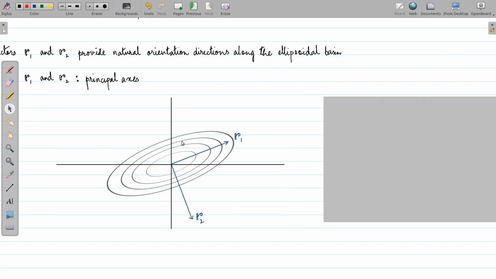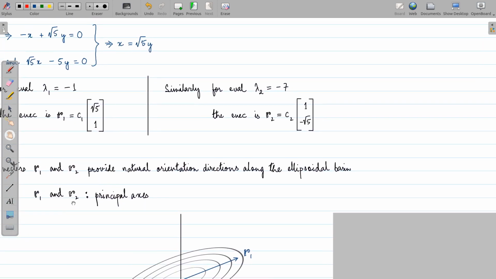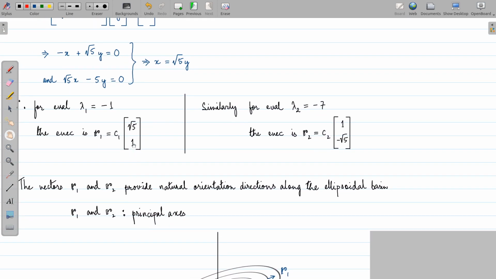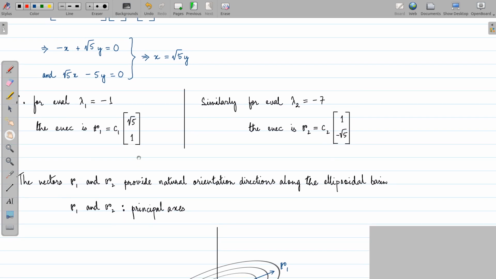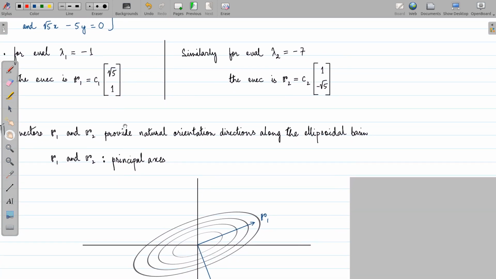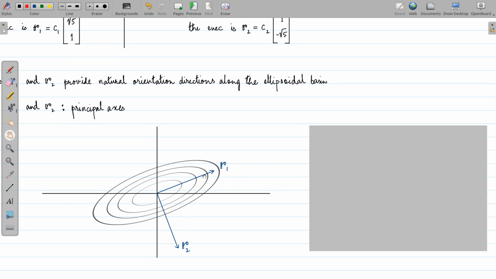If this was the ellipsoidal basin, then this will be the direction of R1. You can check for yourself: for R1, x is √5 and y is 1. Both are positive, so R1 will be in the first quadrant. Since √5 is greater than 1, the x component will be more than the y component, so this will be the direction of R1.